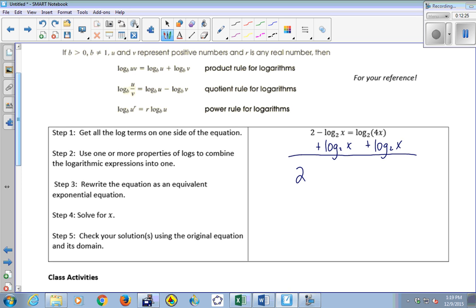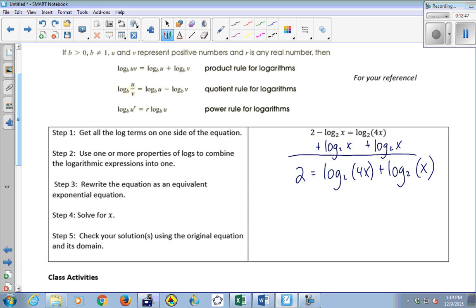Okay, so I have 2 equals log base 2 of 4x plus log base 2 of x. So now I have a sum of two logarithms. They've got the same base, right? They're both base 2. How do you squish a sum of two logarithms into a single logarithm? Multiply them. Yeah.